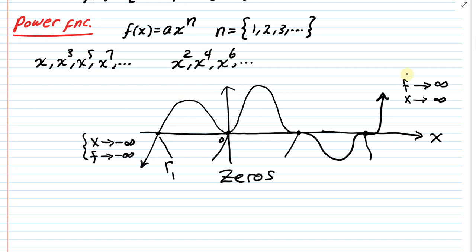Your author in the book we use uses letter r, and r here stands for root. That's why he uses r. Okay, the zeros are called like the root of the function. So here's one, there's two, here's another zero, here's another zero. So this function has four zeros.